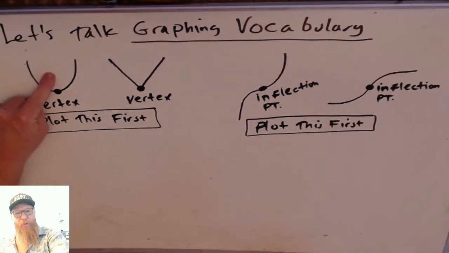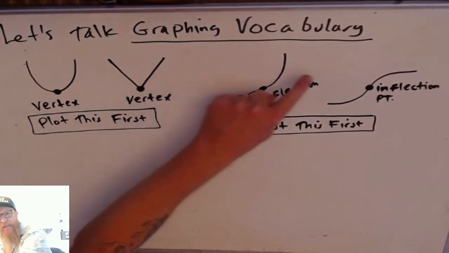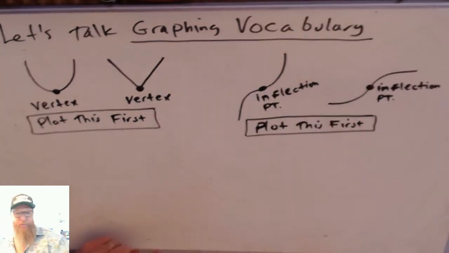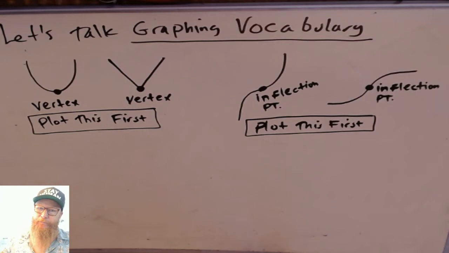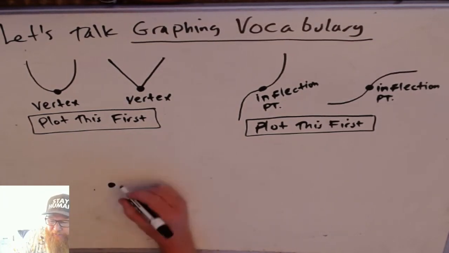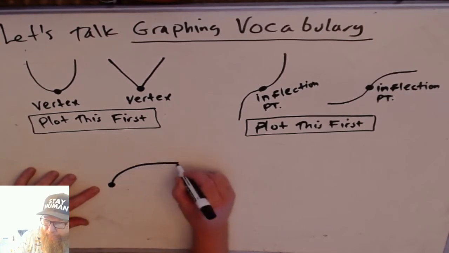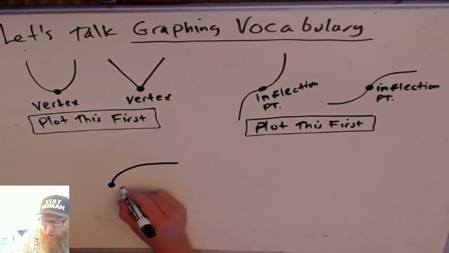So again, quadratic, absolute value, cubic, cube root. I could write that down, but I think I already have several times. For a square root function, this is called a terminal point.